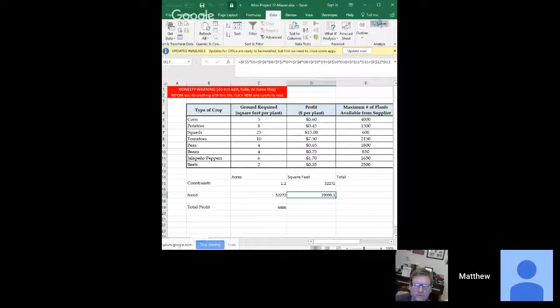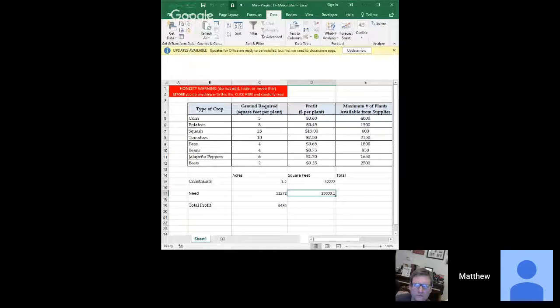So with my solver, what I did is I set the objective as the need of the profit down here. And then the changing variable cells I set up as the F column right here.